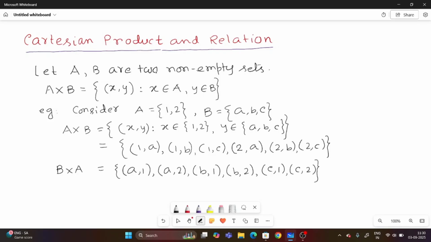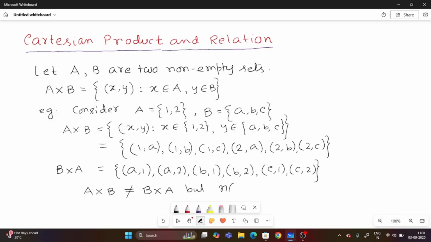So clearly from the above Cartesian product, we can conclude that A cross B and B cross A are different in general, but there is a similarity. A cross B has 6 elements, B cross A has again 6 elements.